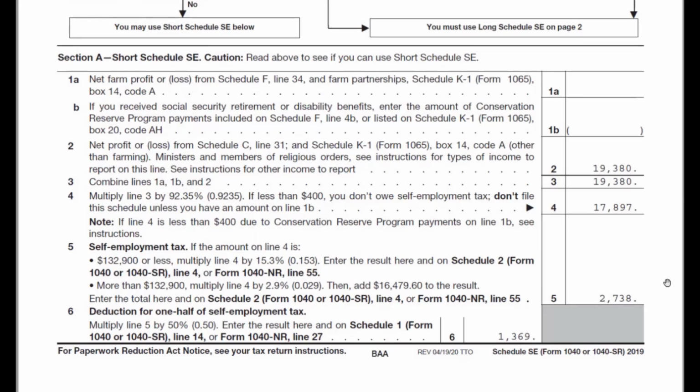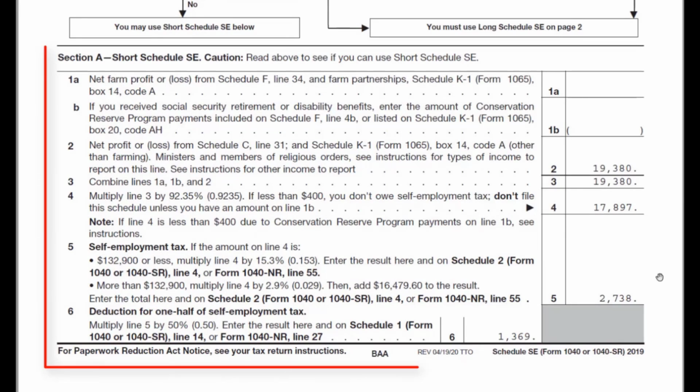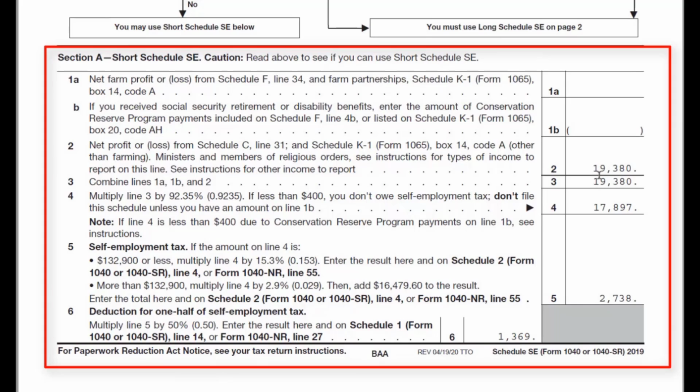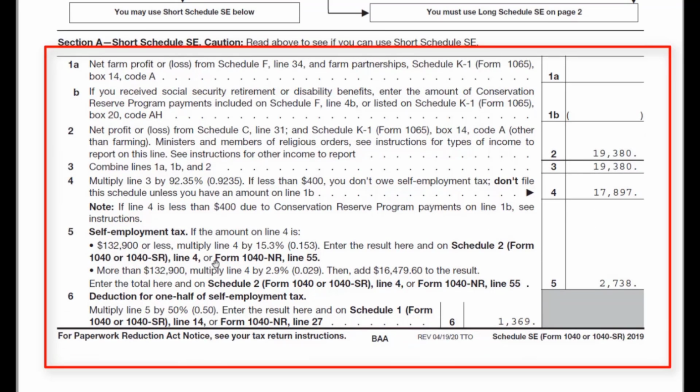When she goes to her Schedule SE, she realizes that essentially what's getting calculated here is her self-employment tax. It's starting with her line 31 of her net profit from Schedule C. It's taking 92.35% of that. Then it's taking that amount and multiplying that by the self-employment tax percentage.